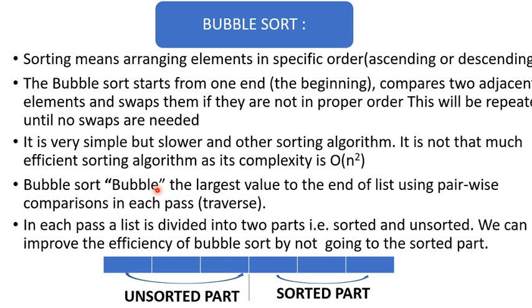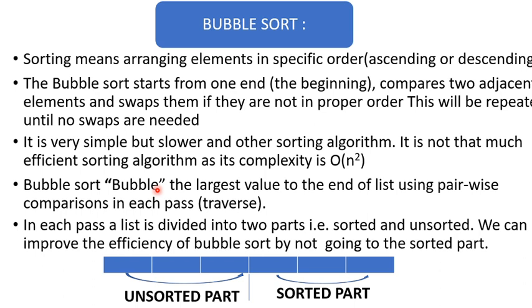This is the disadvantage of bubble sort. Now, next point is the complexity of bubble sort is O(n squared). What is complexity and how can we calculate the complexity of any algorithm? That we will discuss in a later session.